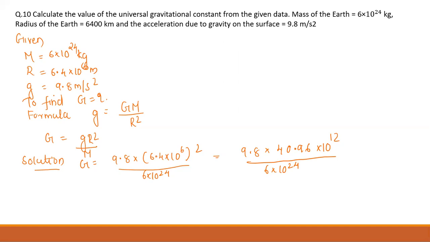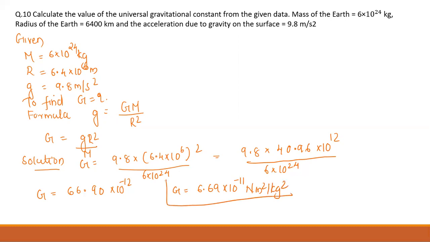On solving this, we will get G is equal to 66.90 into 10 raised to minus 12. This we can adjust and write as 6.69 into 10 raised to minus 11 Newton meter square per kilogram square. This is the value of the gravitational constant. I hope it is clear to you.